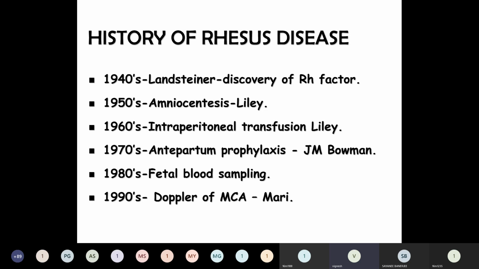So going a little into the history of the RH disease: in the 1940s, Landsteiner was the person who discovered the RH factor. 1950s, Lilly found out the procedure of amniocentesis.